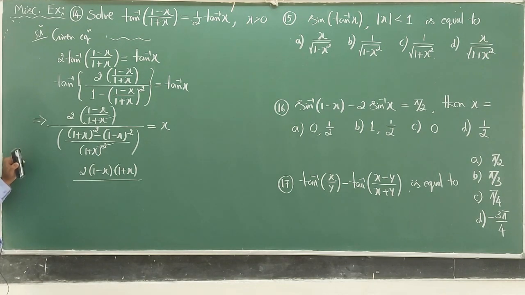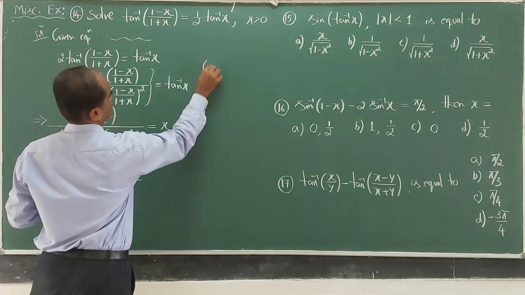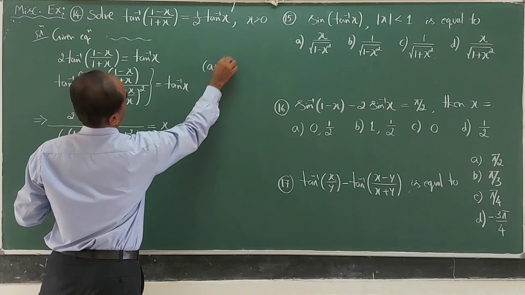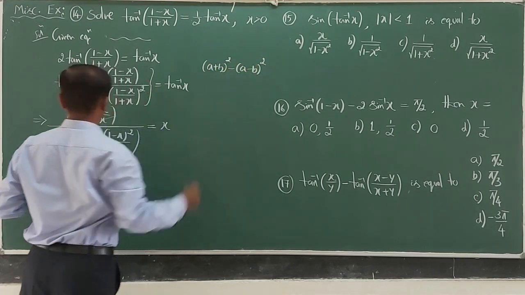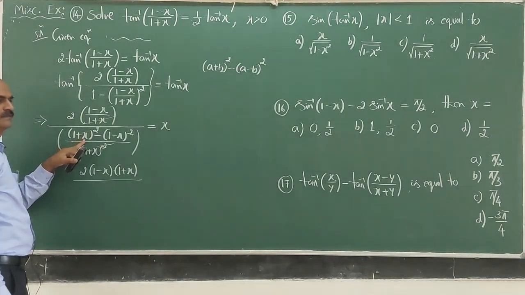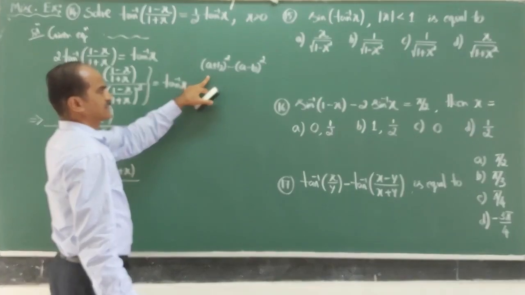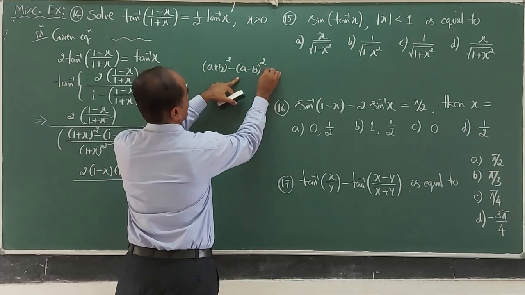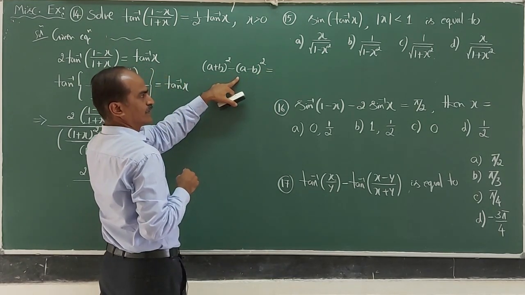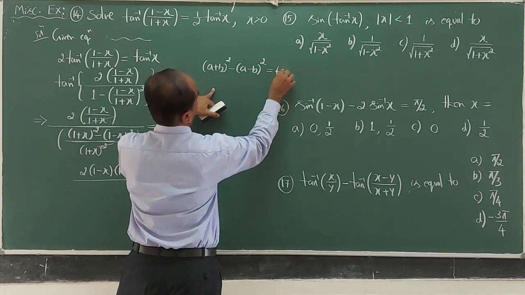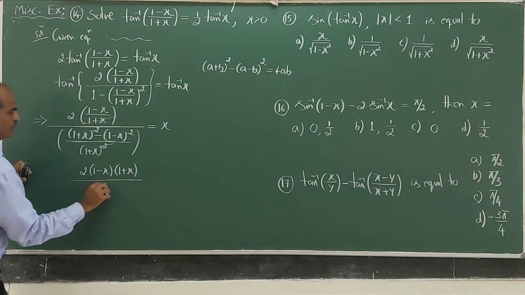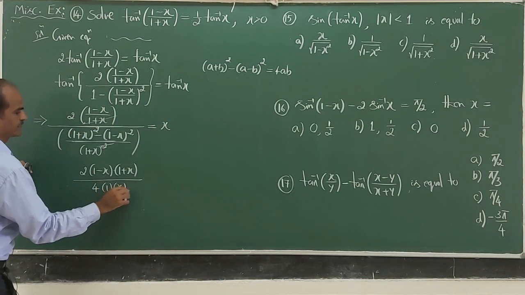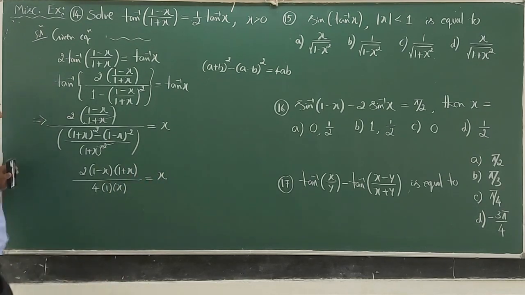It becomes 2 into (1 minus x) into (1 plus x) divided by (1 plus x) whole square minus (1 minus x) whole square. You can use (a plus b) whole square minus (a minus b) whole square. a is 1, b is x. What are you going to get? It is 4ab. So let me write here 4ab, 4 into 1 into x is equal to x.